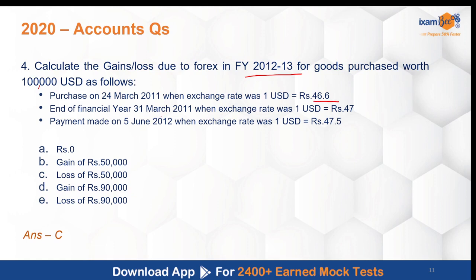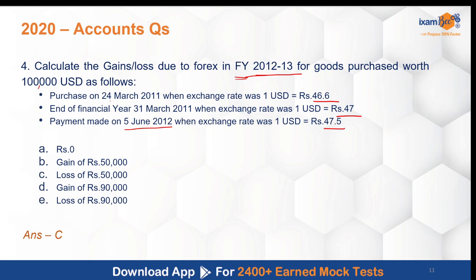At the end of the financial year, 31st March 2011, the exchange rate was 47. And when I made the payment for the goods purchased of 1 lakh USD, the date was 5th June 2012 when the exchange rate was 47.5. Now because we have to calculate for one particular financial year, it is very, very important we understand where these dates are falling.